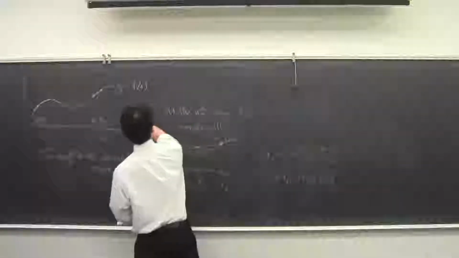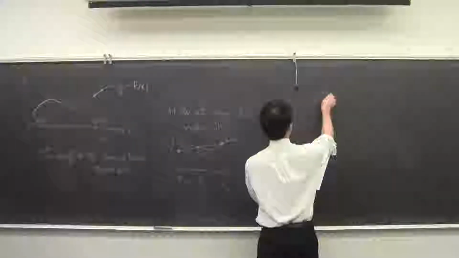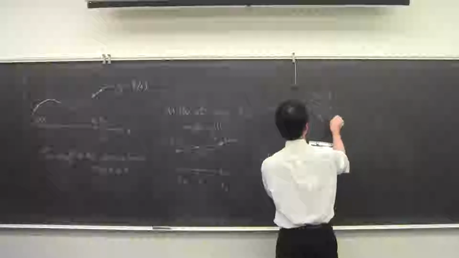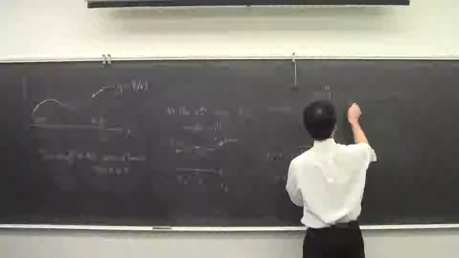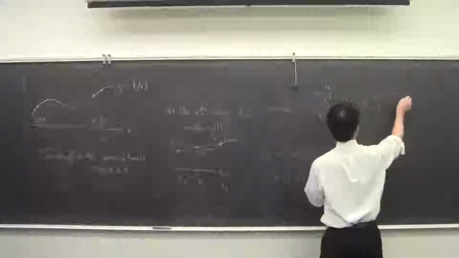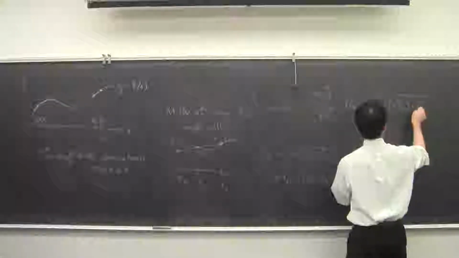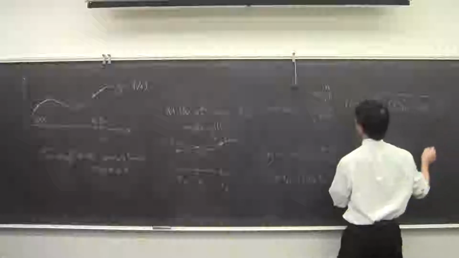So for this, we're going to write it as the sum as k goes from 1 to n of the square root of xk minus xk minus 1 squared plus f of xk minus f of xk minus 1 squared.